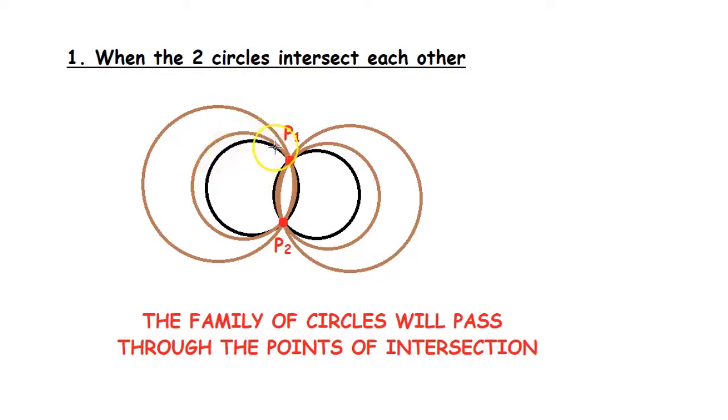All the circles will pass through the same points of intersection of the two parent circles. So here all the circles will pass through the points P1 and P2. So when two circles intersect each other, the family of circles will pass through the points of intersection.